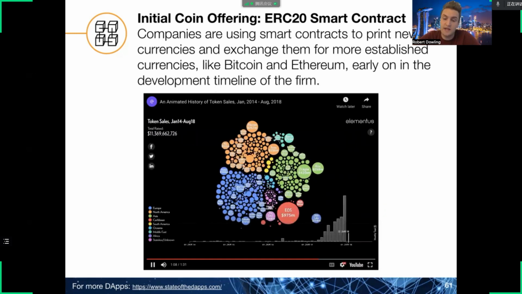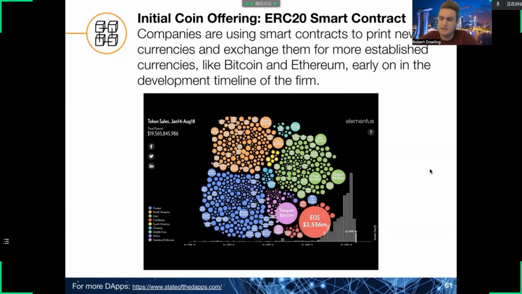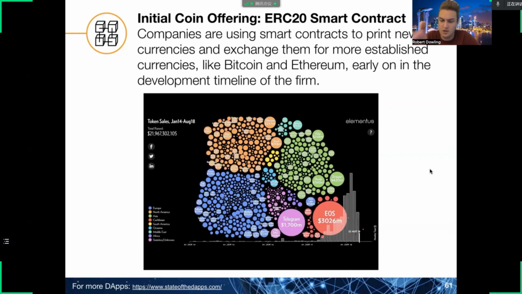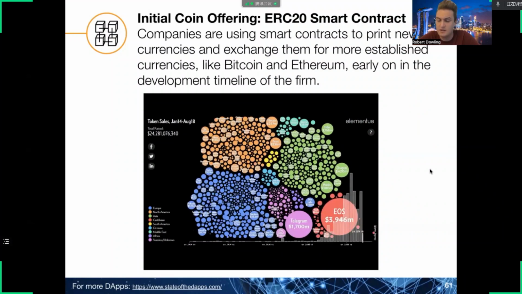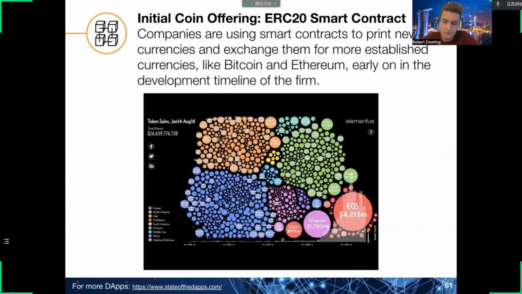So this is a visualization over time of the ICO token raises that were done between 2015 and 2019, basically.